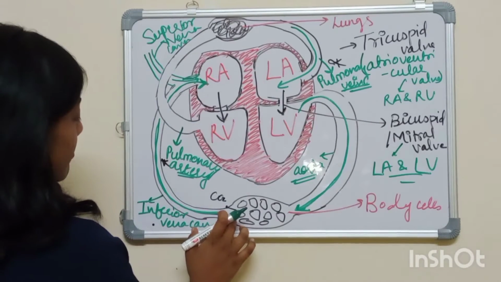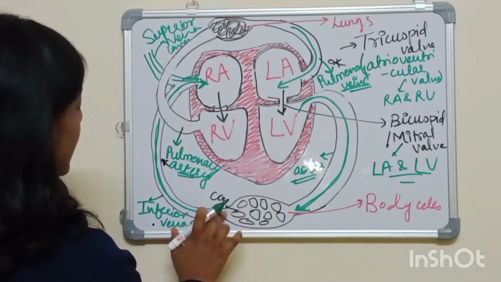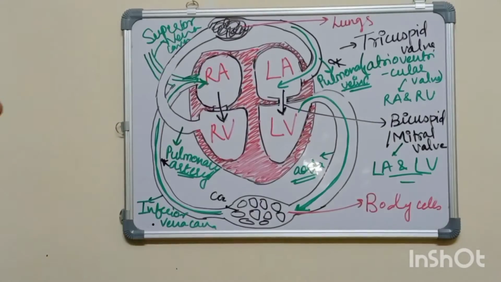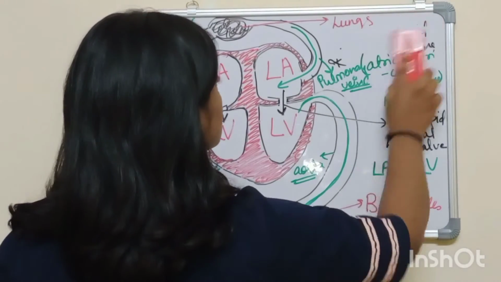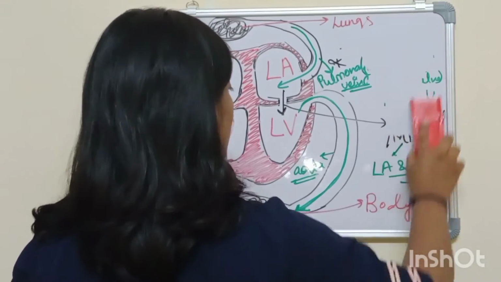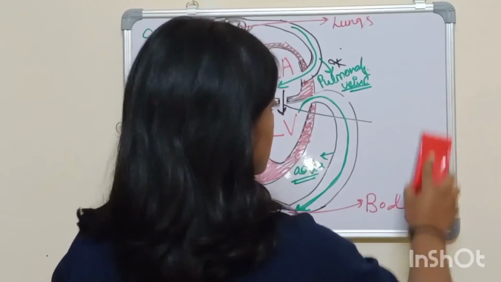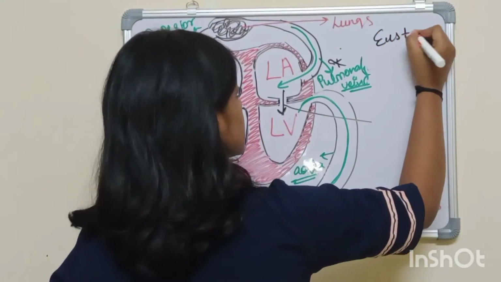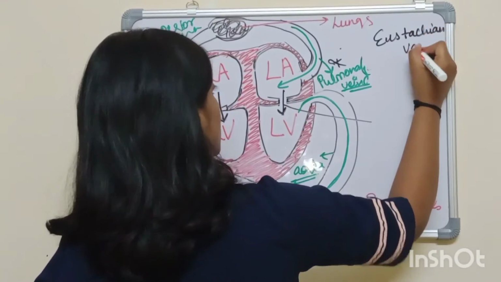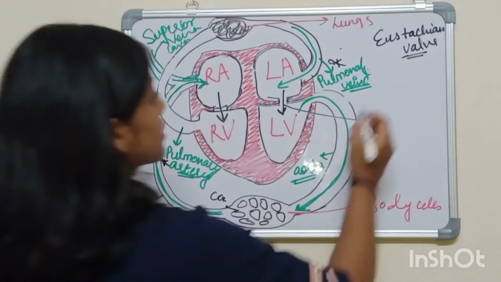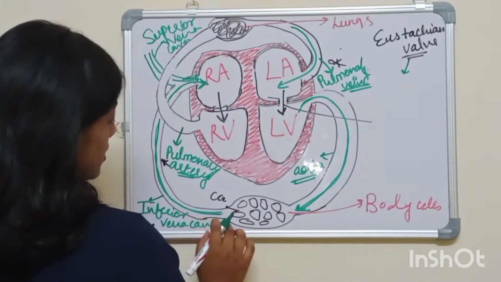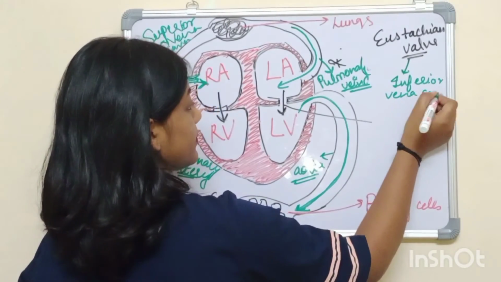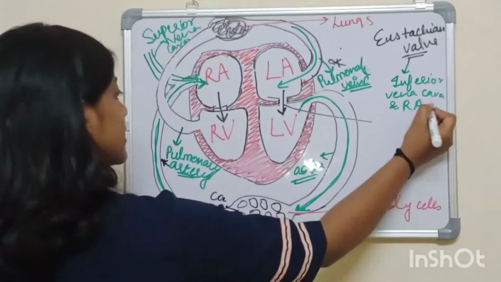This is the inferior vena cava, and between the inferior vena cava and the right atrium there is a valve known as the Eustachian valve.